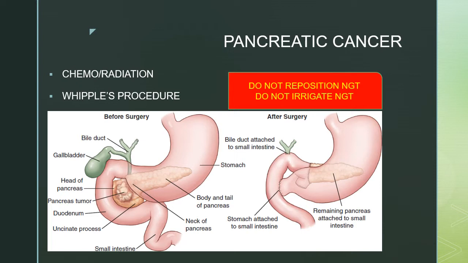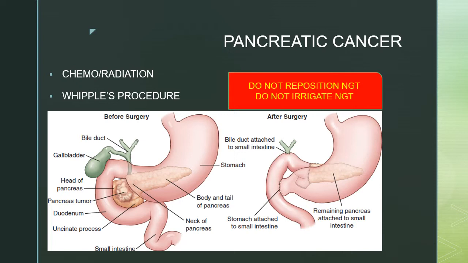The stomach then is taken off of the pylorus and attached further down on the small intestine. So the pancreas is draining into the small intestine above the level of the stomach. When they do this surgery, they will insert an NG tube in the operating room.